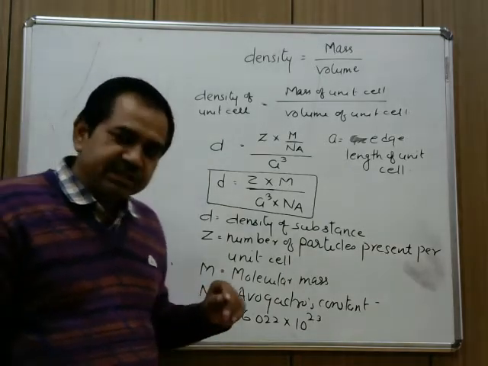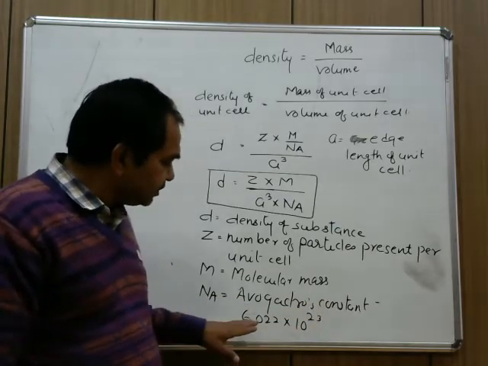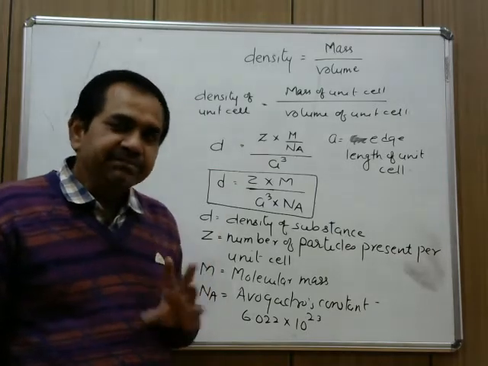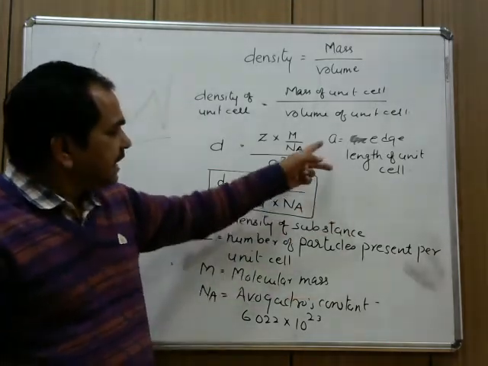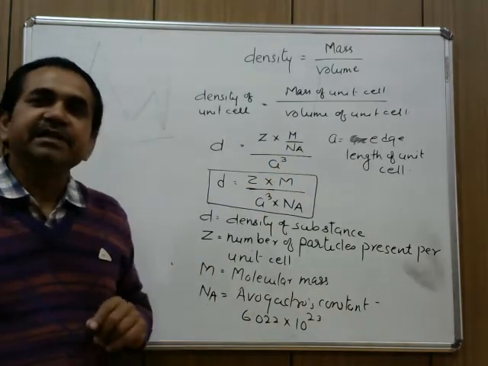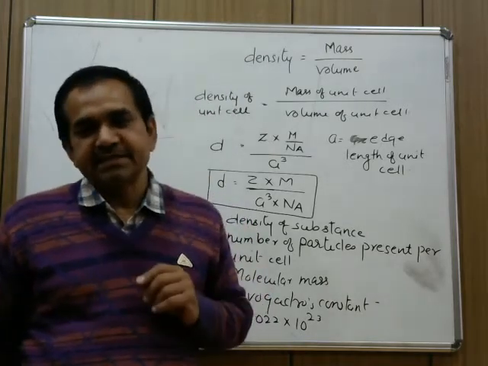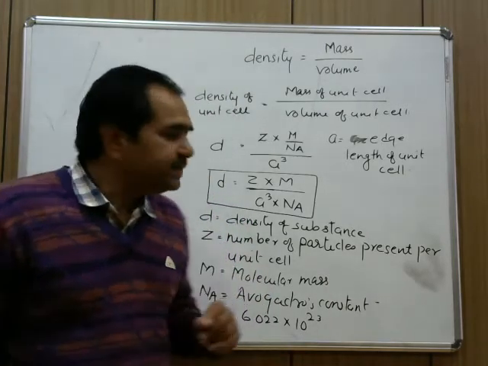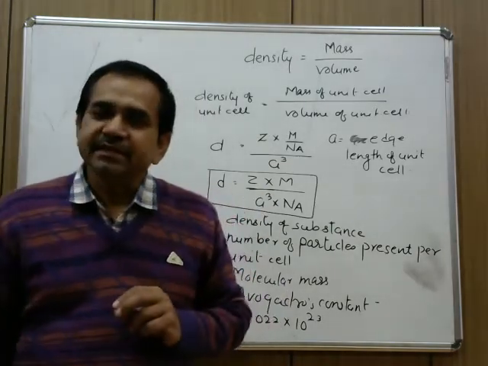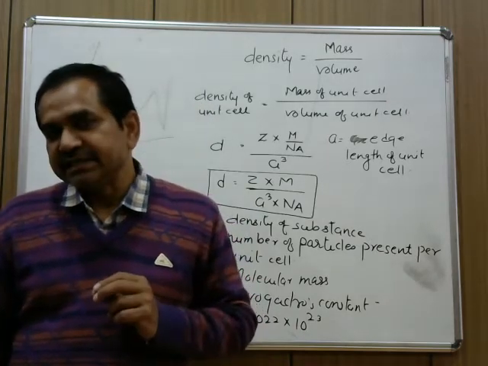N, Avogadro's constant, that you know, its value is 6.022 into 10 to the power 23 or 6.023 into 10 to the power 23. That doesn't make any difference during calculations. And this A refers to the edge length of the unit cell, that is determined experimentally using X-ray crystallographic or electron diffraction techniques. In fact, this formula gives the best possible way to determine the value of Avogadro's constant.